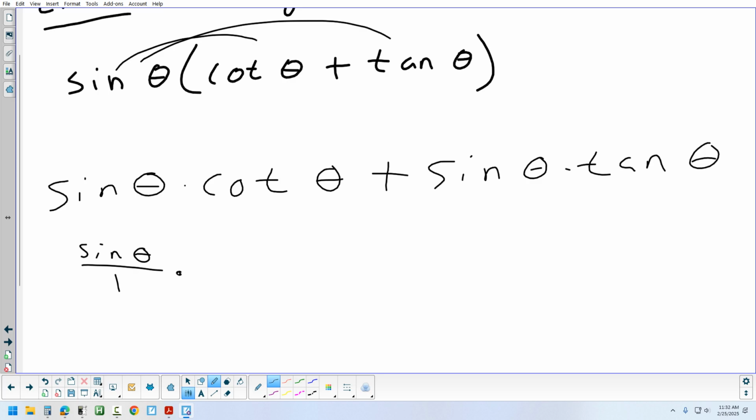Okay, so let's go with cotangent. What's our fraction we can change cotangent into? Cosine theta over sine theta. Okay, sine, we're not going to mess with it. It's already sine. Leave it alone. And what about tangent?